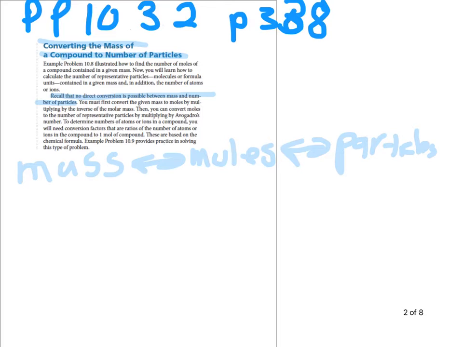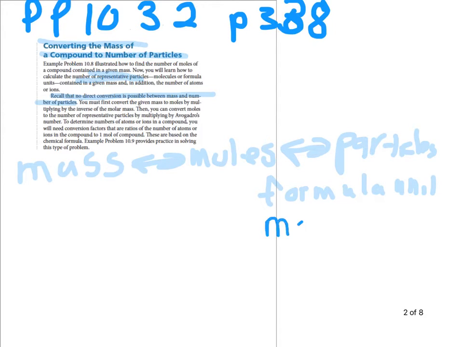The particles, or as we often refer to them, the representative particles, can be formula units if it's an ionic compound.